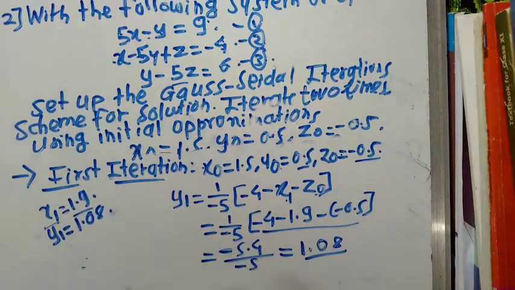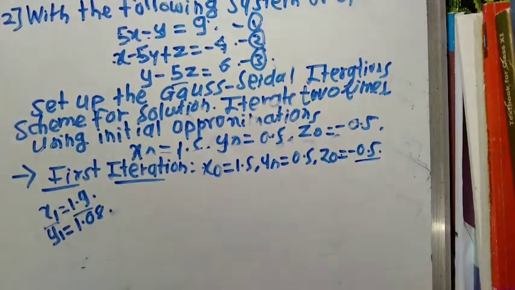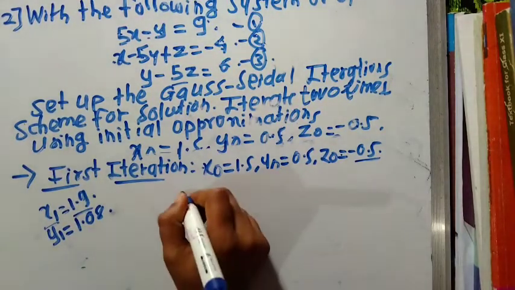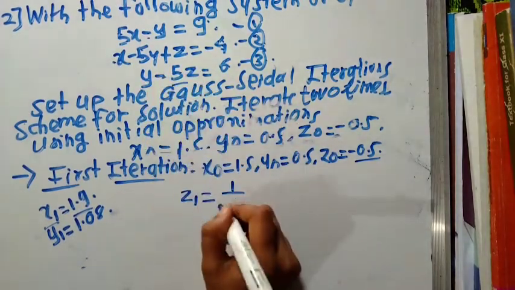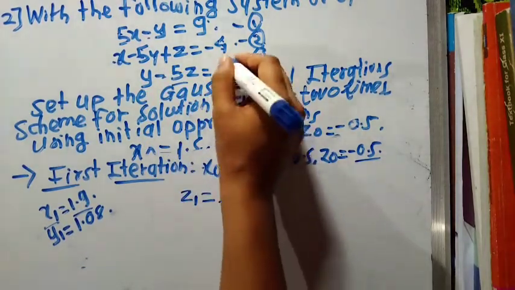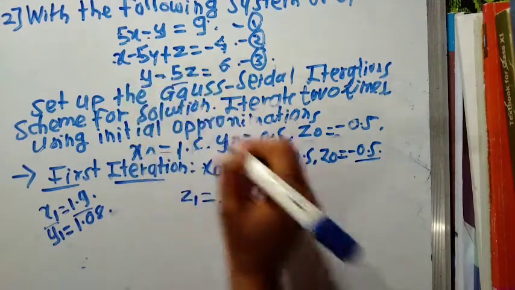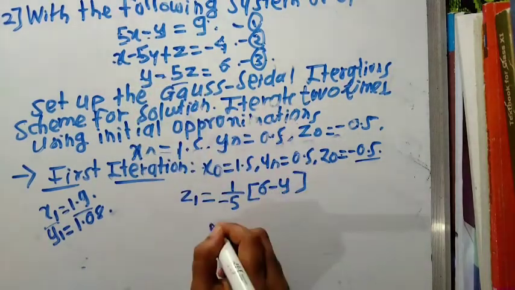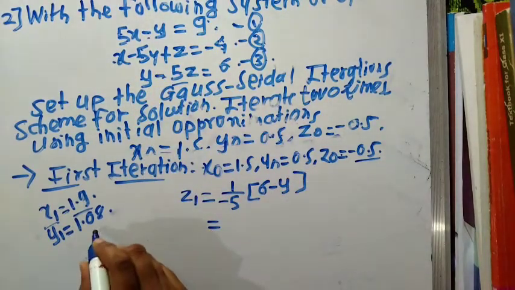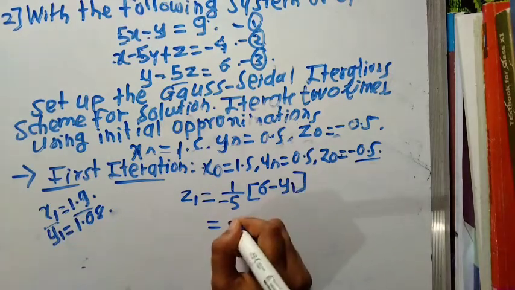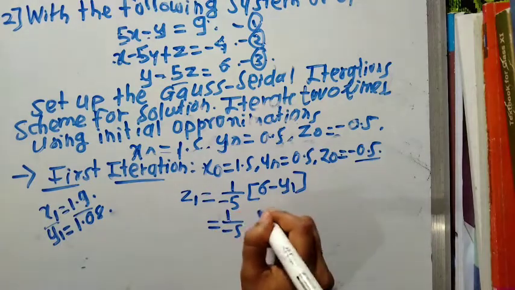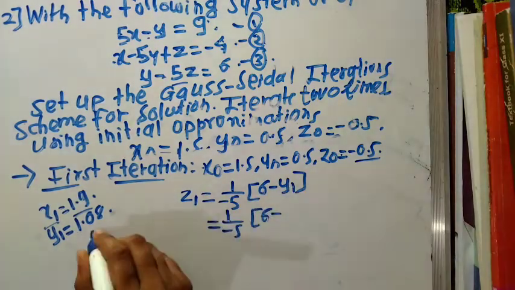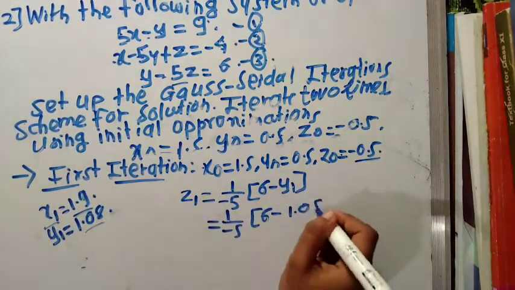So y1 is equal to 1.08. Then find out z1. So z1 from equation third, 1 divided by minus 5, 6 minus y, and here we use y1. So 1 divided by minus 5, 6 minus y1 is 1.08.